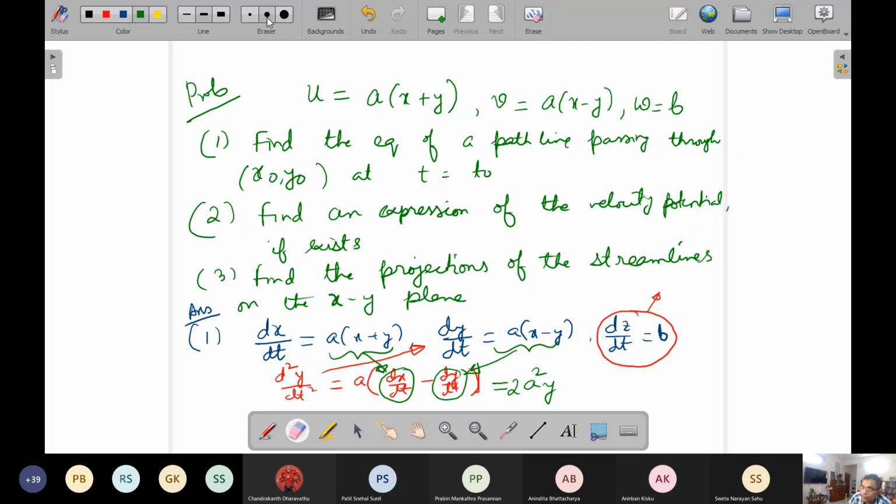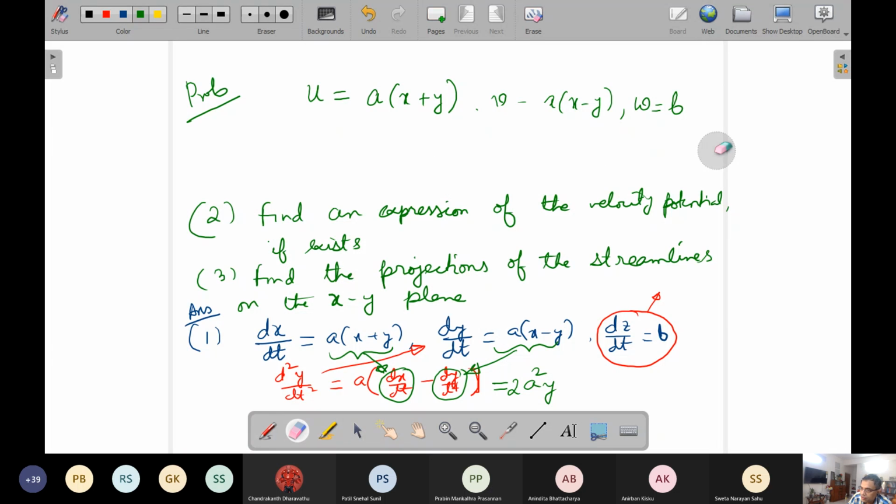So if we now write the equation, d2y dt2 minus 2A square y equal to 0.